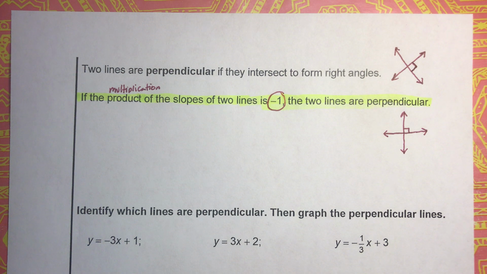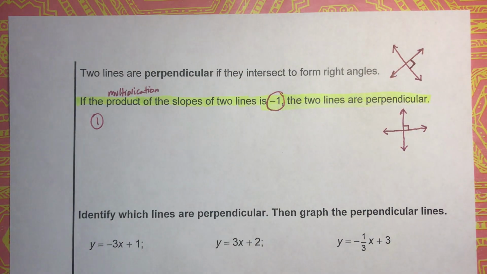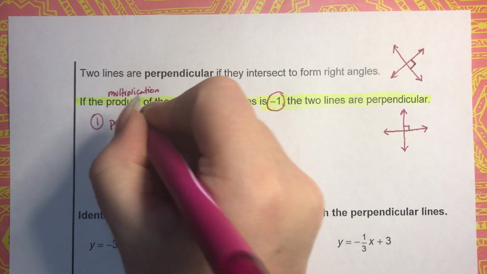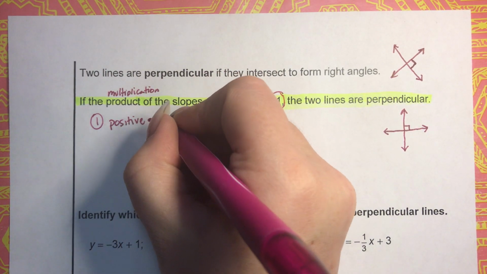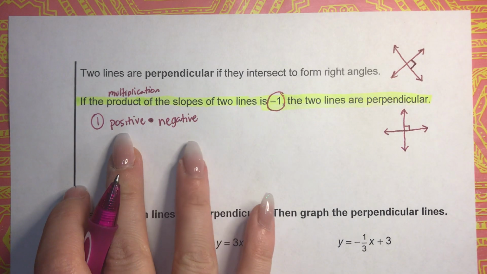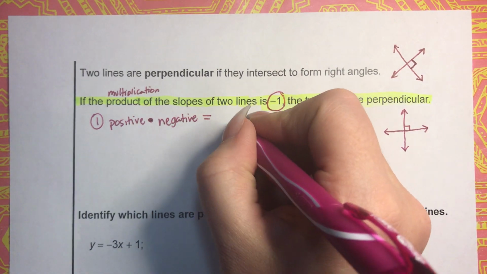So let's think about that. How do you multiply two numbers together and get -1? Well, how do you get a negative number? To get a negative number, I know that I have to have a positive number multiplied by a negative number, because that's the only way you can get a negative.